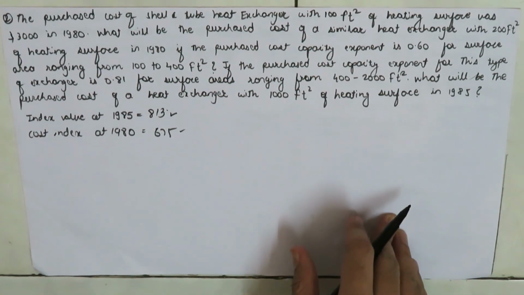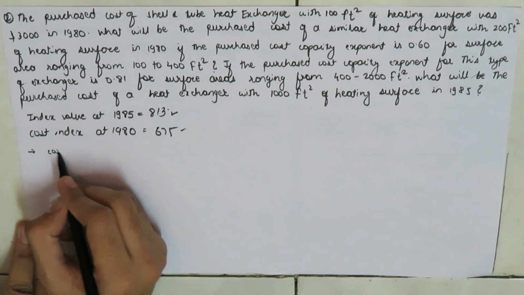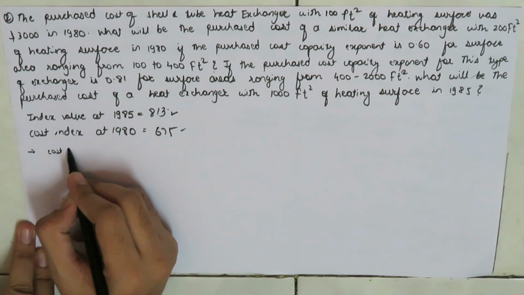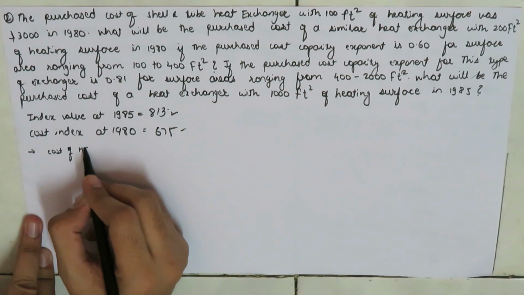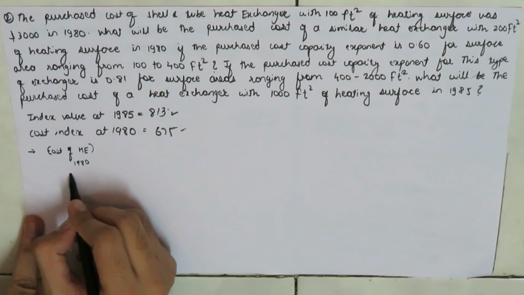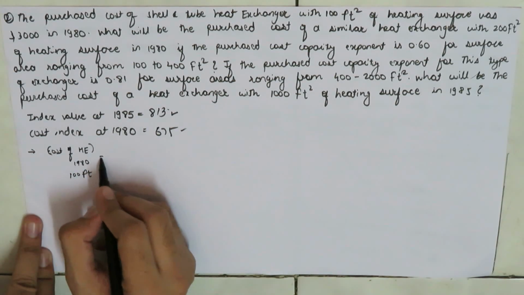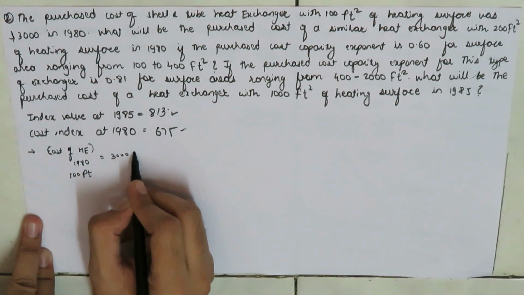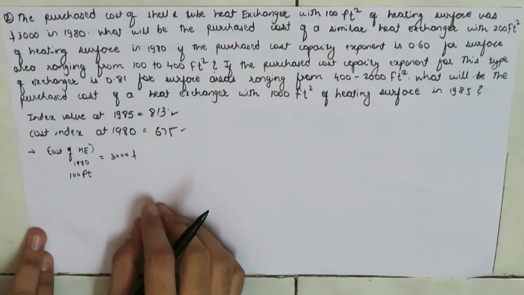So here what we know is that the cost of heat exchanger in the year 1980 whose surface area was 100 feet square is equal to $3,000, and what will be the purchase cost of the similar heat exchanger?